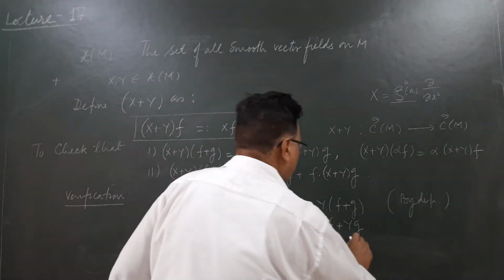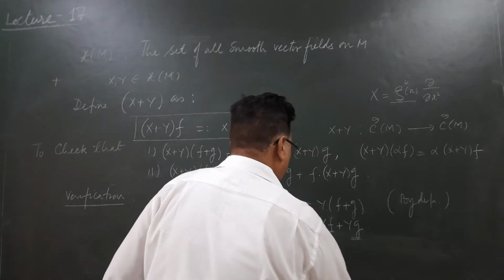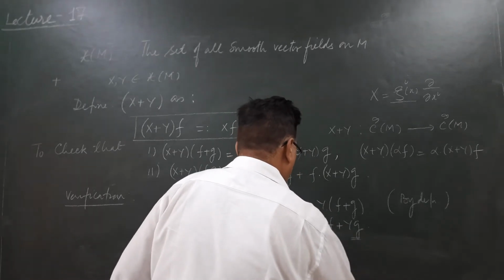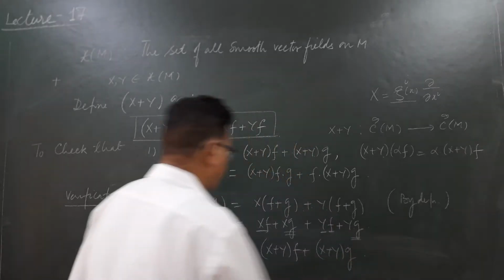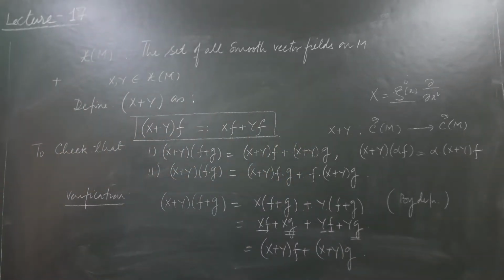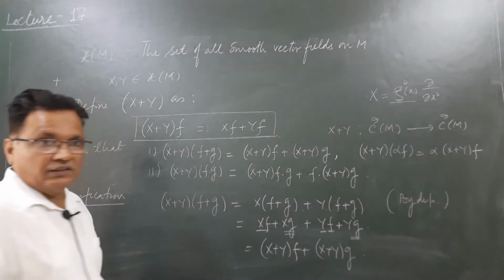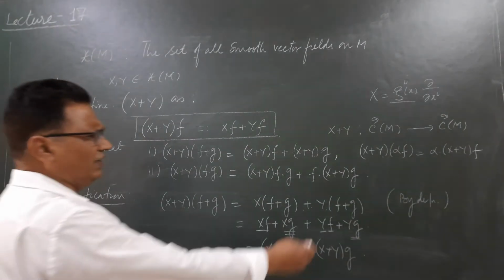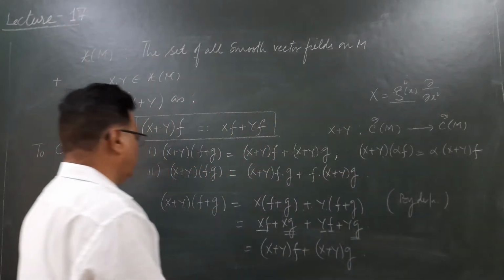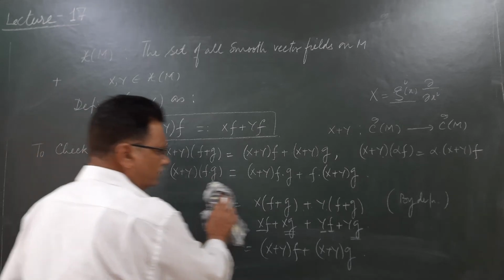Similarly, second and the fourth term together will give me x plus y operating on g. So you can see we have got the additivity, and similarly the second one of the linearity condition you can check.